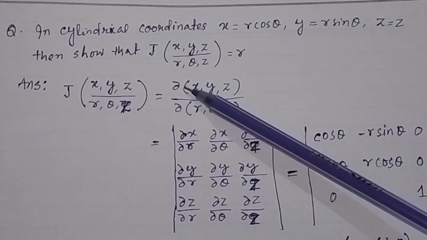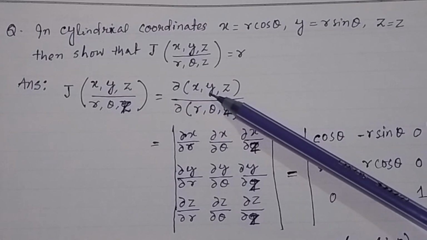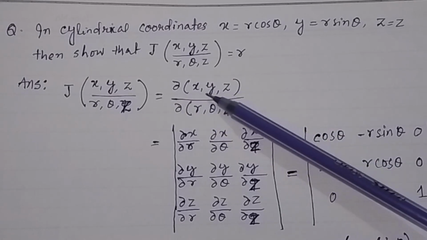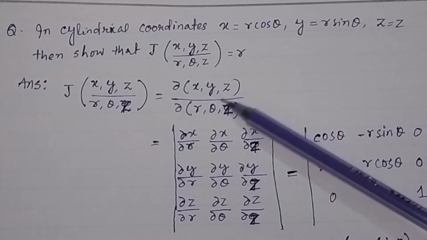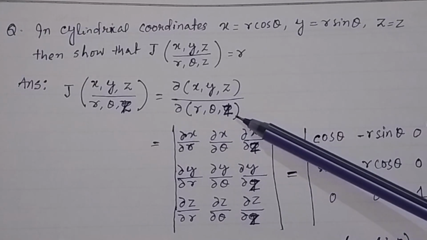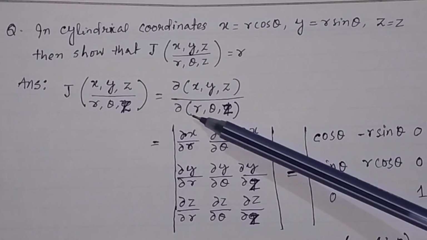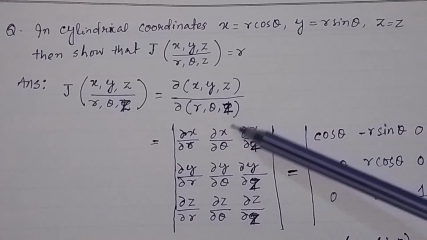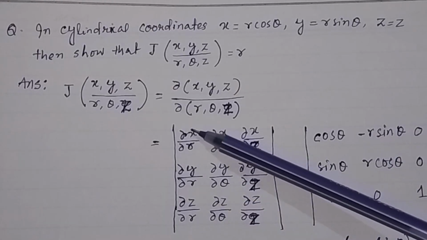the Jacobian of x, y, z with respect to r, theta, z is equal to the partial derivative of x, y, z with respect to r, theta, z, and this can be written in determinant form.